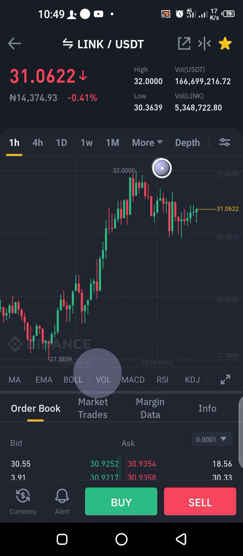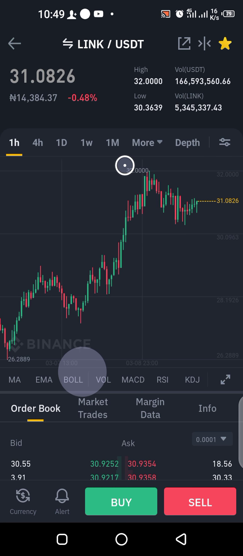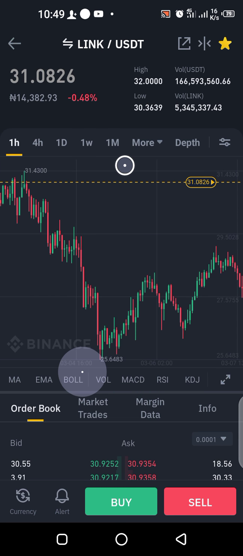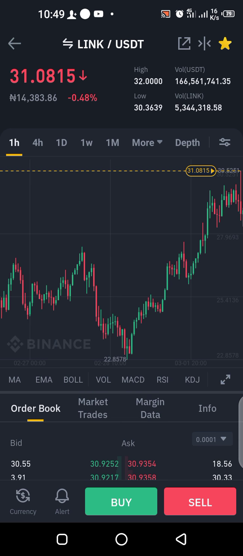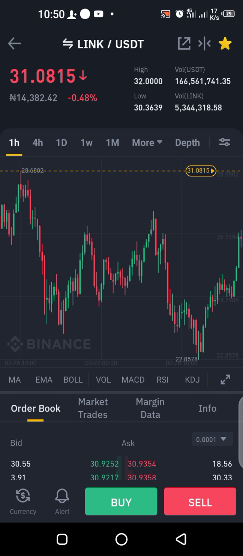You'll be targeting this point, and when it breaks that point, you'll be targeting a higher level.